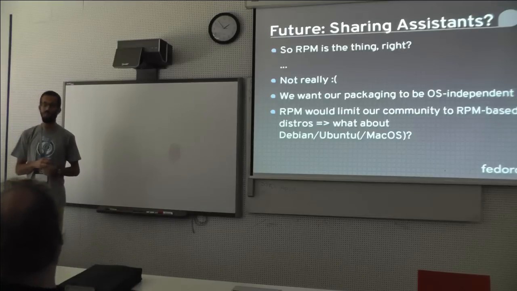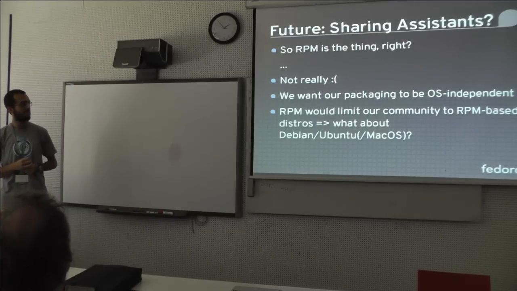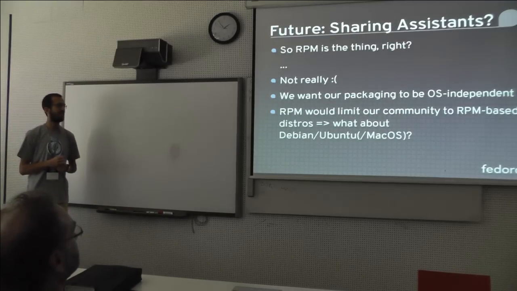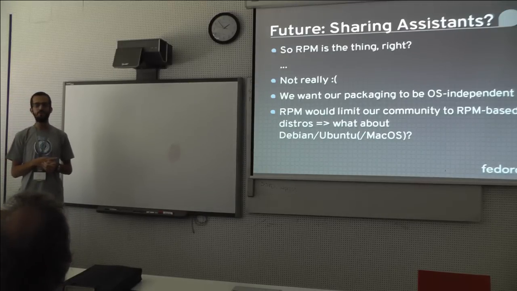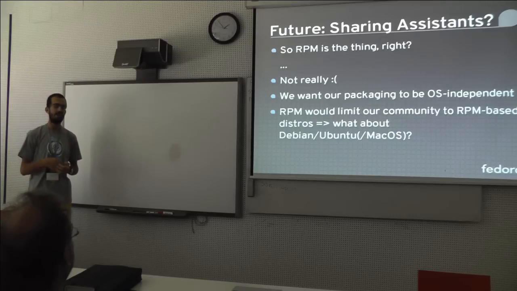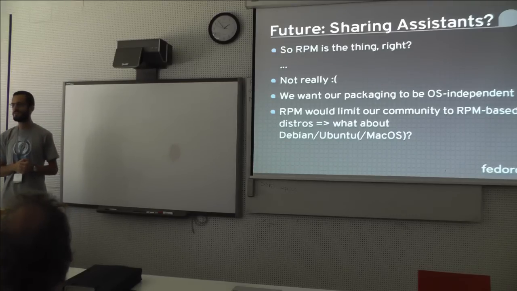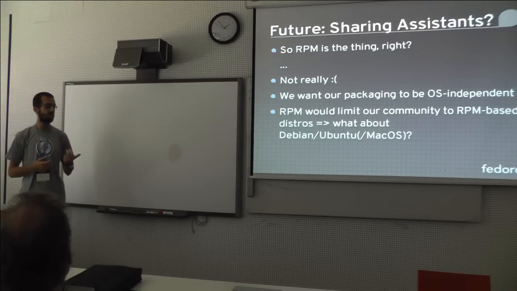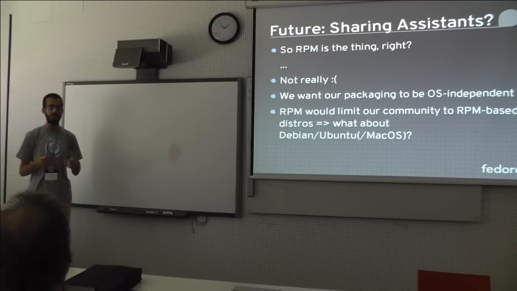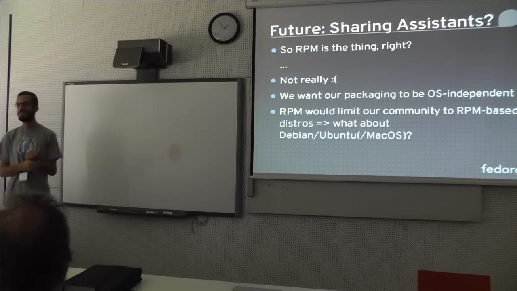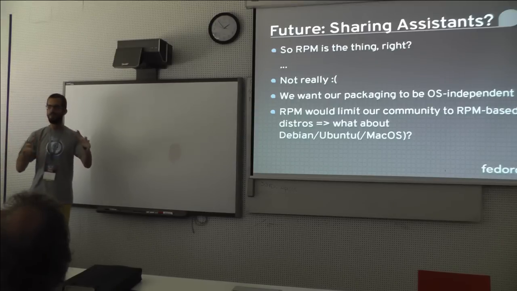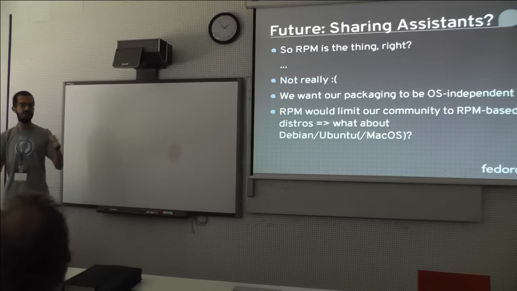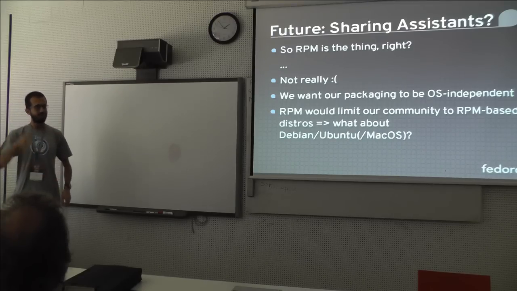I don't think so anymore, and haven't for quite some time now. The first reason is that we want our packaging to be OS independent. We already have contributors from Gentoo, from Arch Linux, from other distributions. Mint wants to use DevAssistant as a tool, and they have a proposal to use it to make their default basic installation a full-fledged development environment.